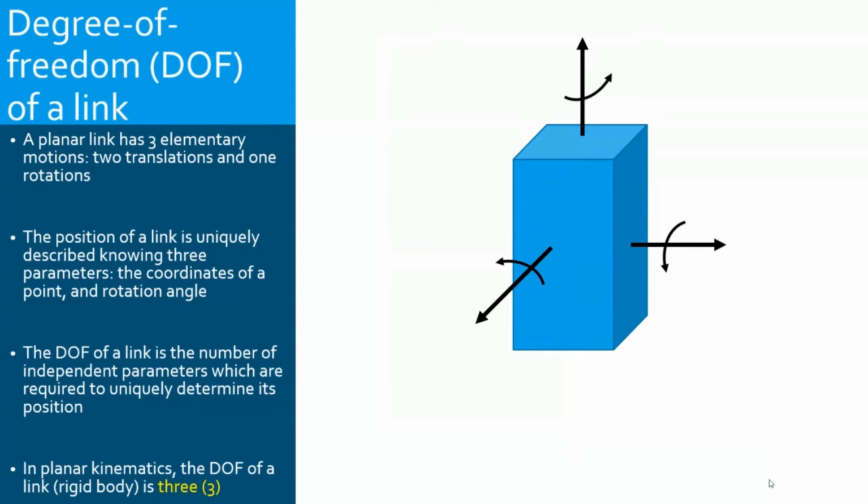And this corresponds to 6 elementary motions of the body, 3 translations along the 3 axes, and 3 rotations around the 3 axes too. So in 2-dimensional kinematics, the rigid body has 3 degrees of freedom, and in 3-dimensional kinematics, a body or a link has 6 degrees of freedom.